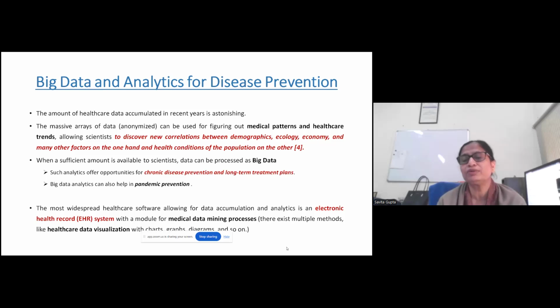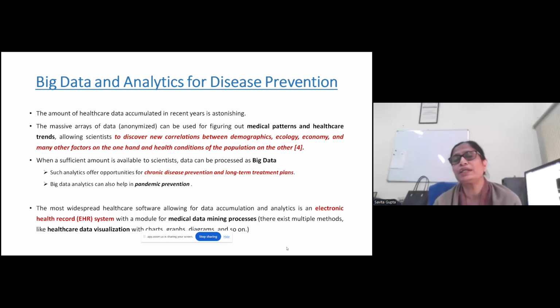It has many modules like medical data mining and healthcare data visualization to support clinicians in decision making. This massive amount of data can be processed with the help of big data analytics to figure out medical patterns and healthcare trends, which can help scientists discover new correlations between demographics, ecology, economy, and many other factors and health conditions of the population.